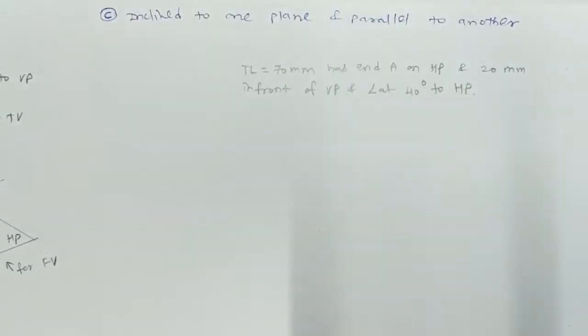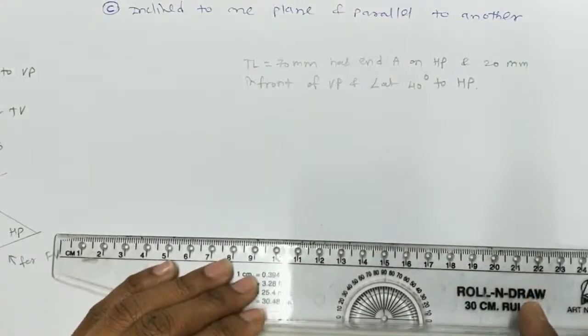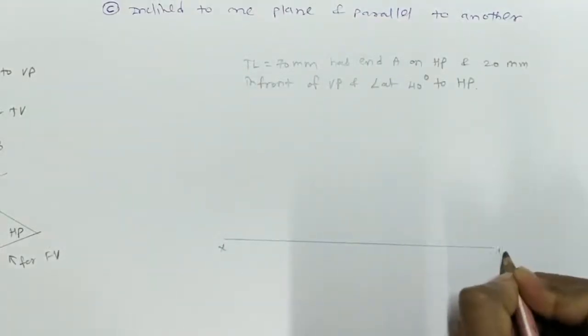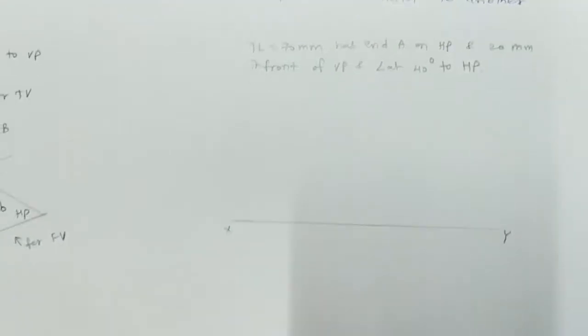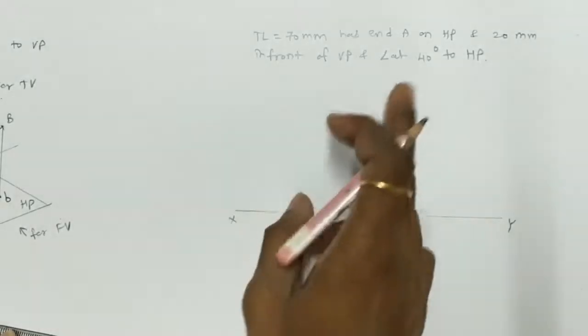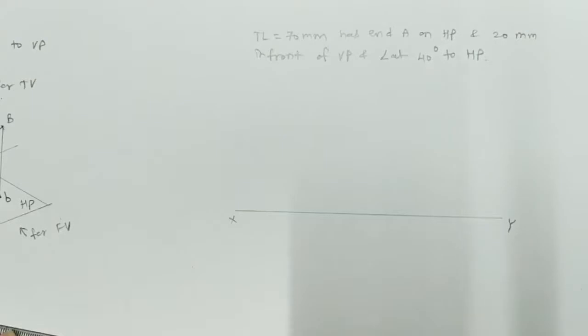So in this condition there is a true length given as 70 mm, has end A on HP. So its end A is on HP, that is, on the XY line. So first I will draw the XY line. Then, it is given that the line is 40 degrees inclined to HP.